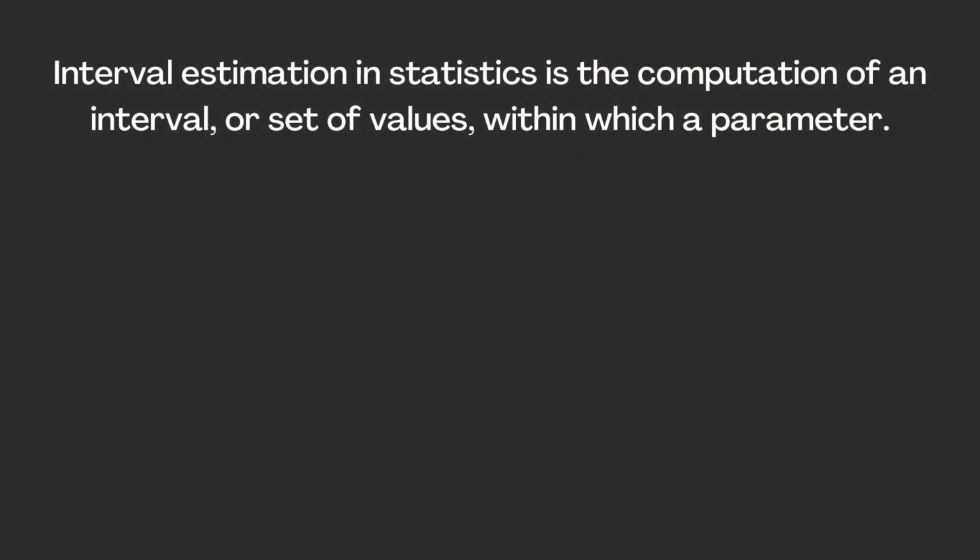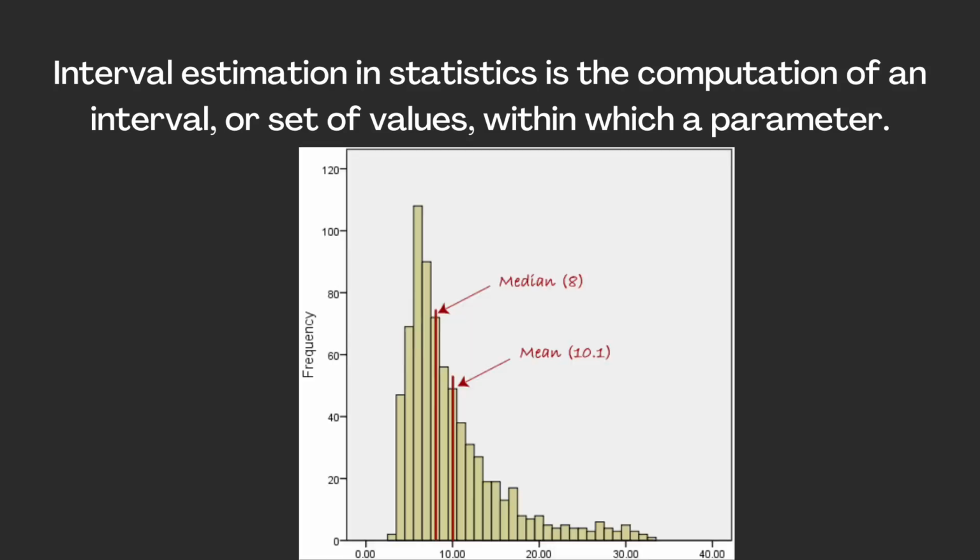Interval estimation in statistics is the computation of an interval, or set of values, within which a parameter, for example the mean average of a population, is most likely to be placed. The confidence coefficient is calculated by choosing intervals such that the parameter falls within them with a 95 or 99% probability.